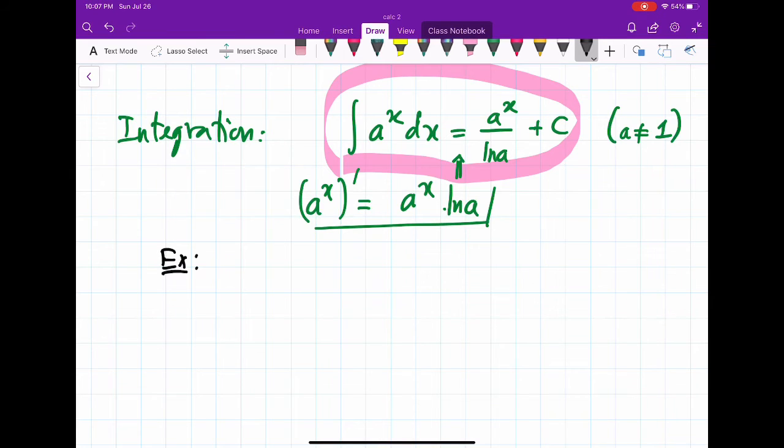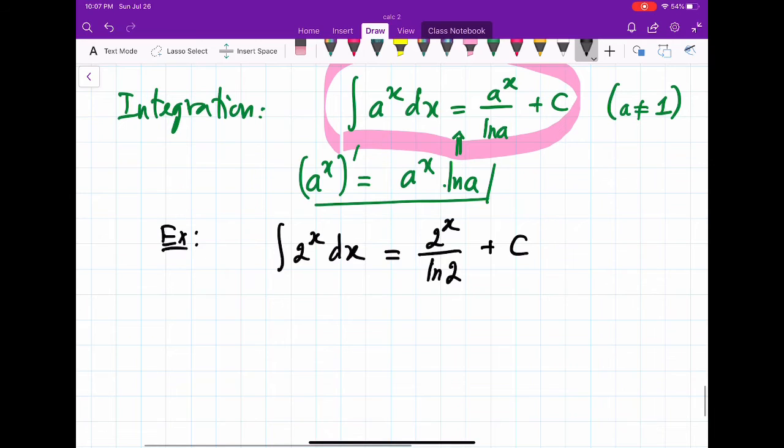Example, we can find the antiderivative of 2 to the x dx. By this formula, this is just 2 to the x over ln of 2, plus c. It's pretty easy. Or sometimes you can convert everything into ln, okay? I don't think that we need to do more examples on this.